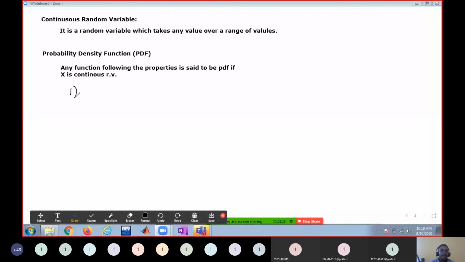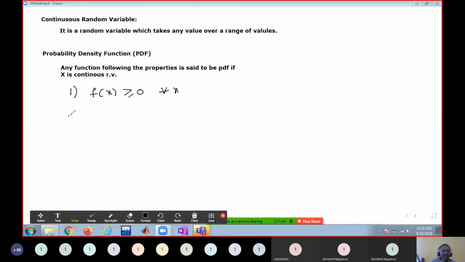First one, like the previous case, f of x should always be greater than or equal to 0 for all x belongs to the range of x, or you can say simply for all possible values of x.